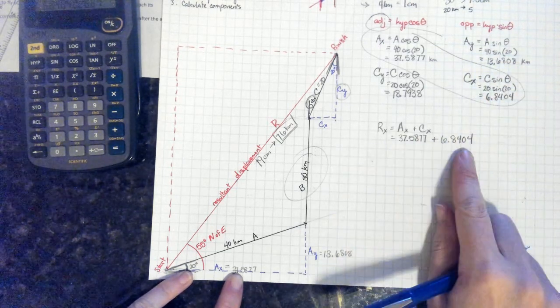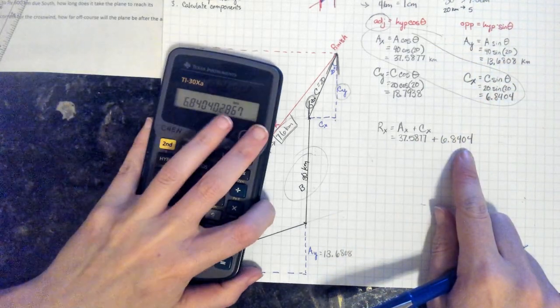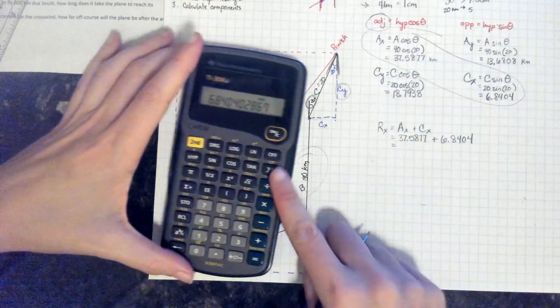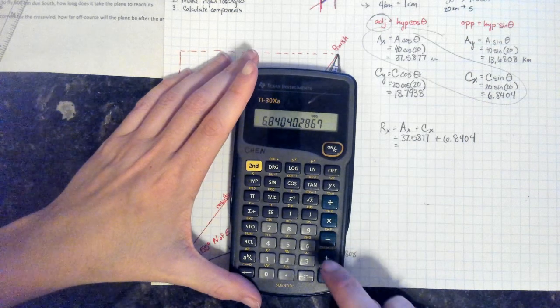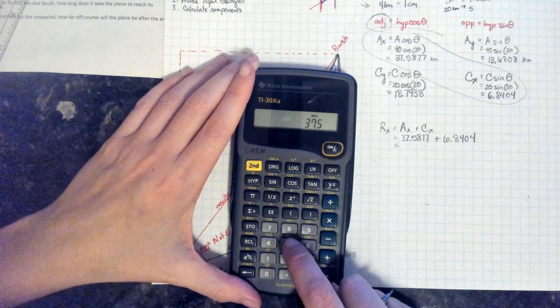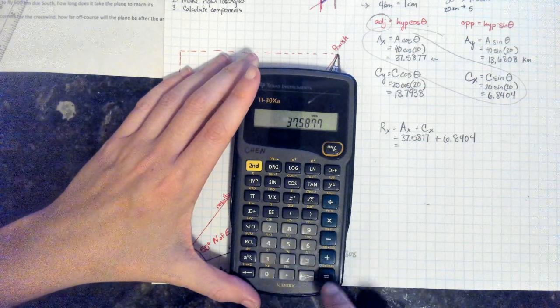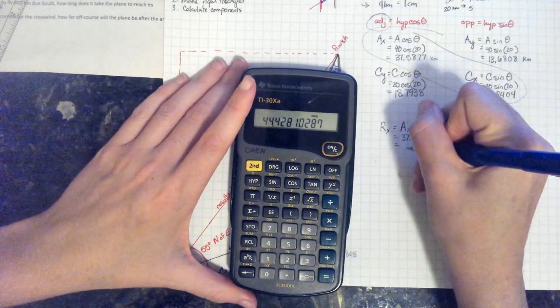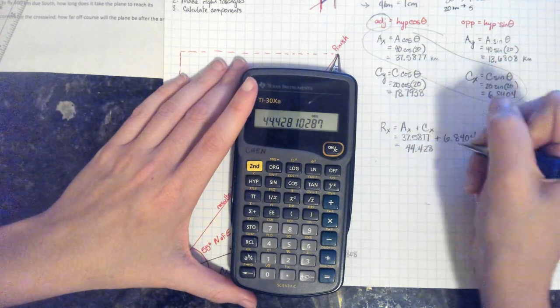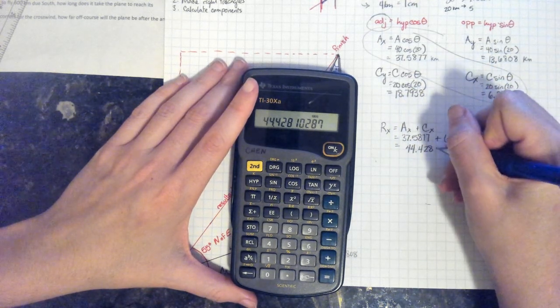I keep a lot more decimals while I'm doing calculations so that I don't get any rounding error. So this is 44.428 kilometers.